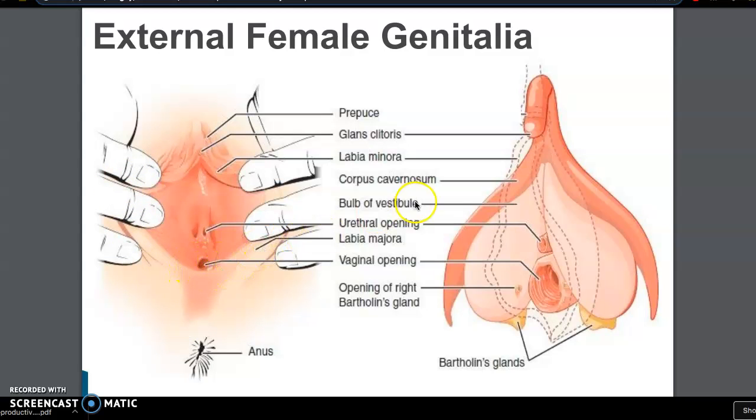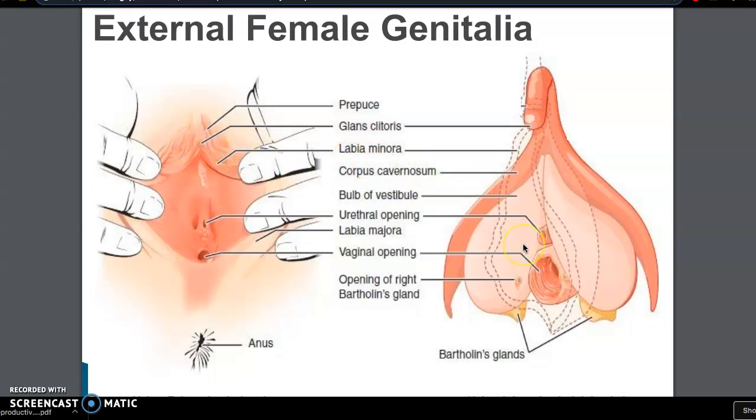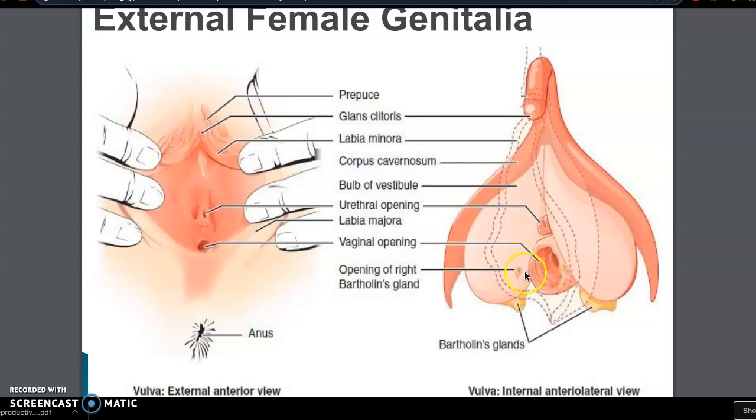And then moving on, there's a corpus cavernosum right here. It's equivalent to the male corpus cavernosum, and it allows blood to flow through, which causes it to erect during sexual arousal. It's located behind the labia minora. And then here's the vaginal opening.